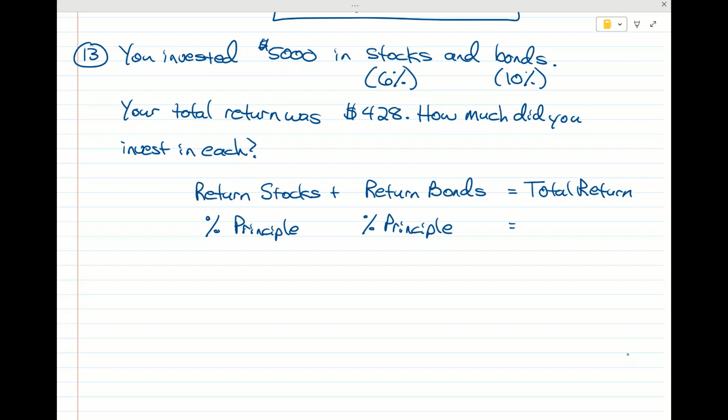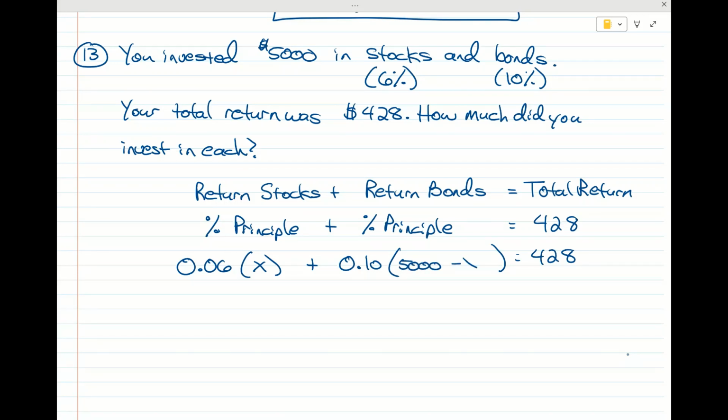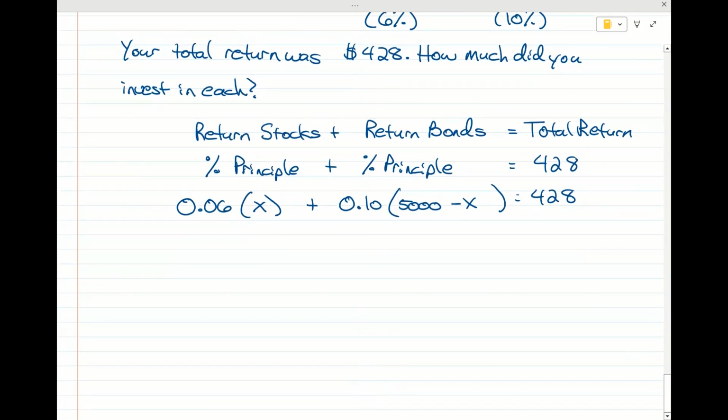And our total return was $428. So stocks were 6% times our principal, which we don't know, and bonds were 10% times the principal. We still don't know, but I know that however much we spend in stocks, if we subtract that from 5,000, that'll give us our principal in bonds. So all we have to do is combine like terms and simplify, and let's see what the answer is.